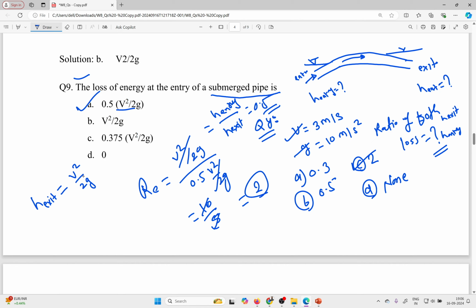So if I multiply this V square by 2g by 0.5, I can write the H entry divided by 0.5. So what will you get? 2 times of H entry.